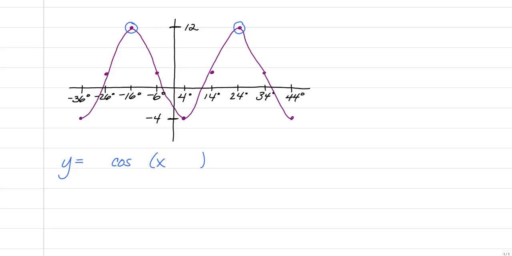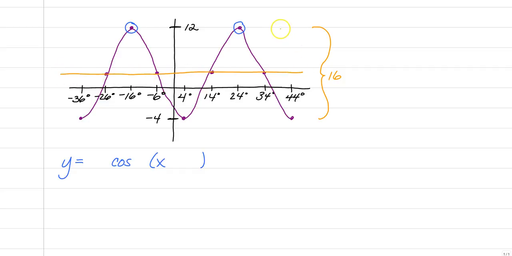So let's talk about the node. Well, remember, amplitude and node kind of go together, so this is -4 up to 12. So that means the entire height of this sine or cosine wave, also known as a sinusoid, is a total of 16. So that means the amplitude is 8.